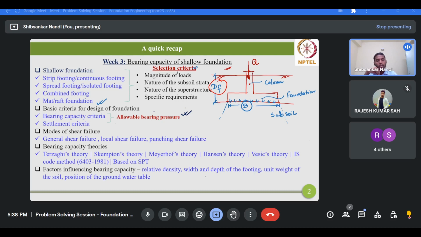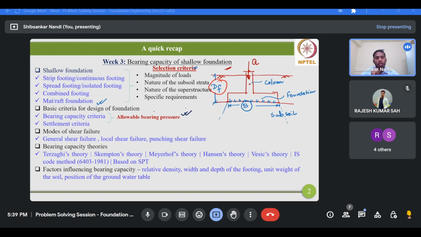In case of cohesionless soil, what is your opinion? Will the width and depth of the footing influence the bearing capacity or not?